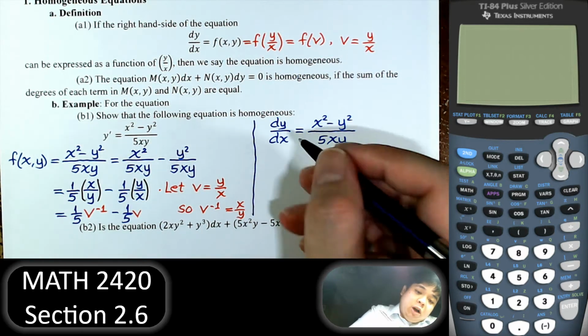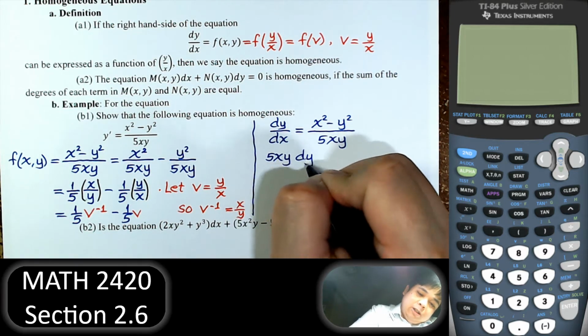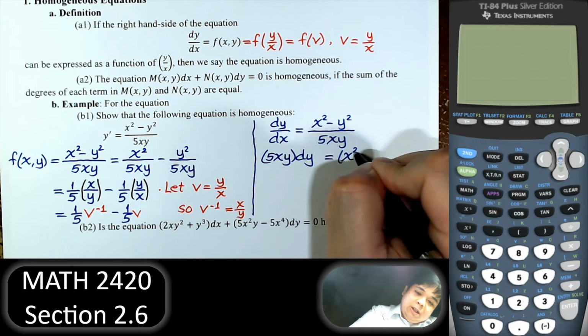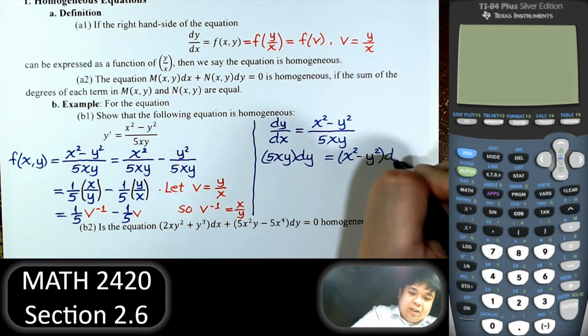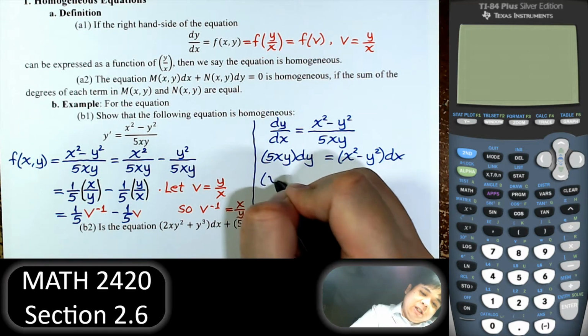Now cross multiply: 5xy dy equal to x squared minus y squared dx. Move both of them on the same side.